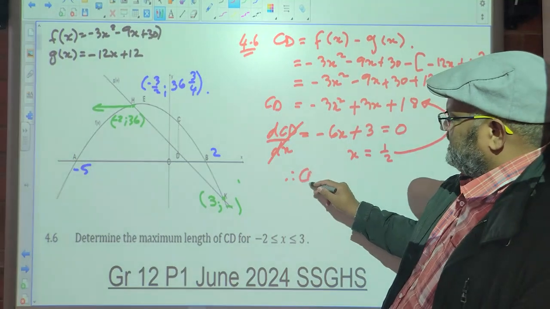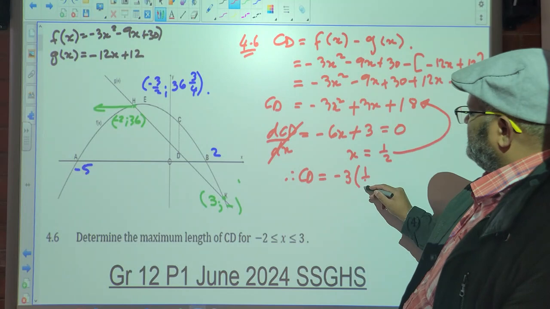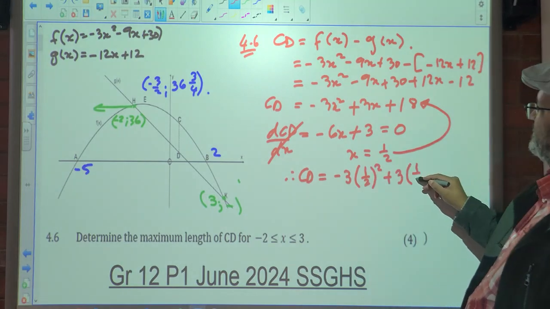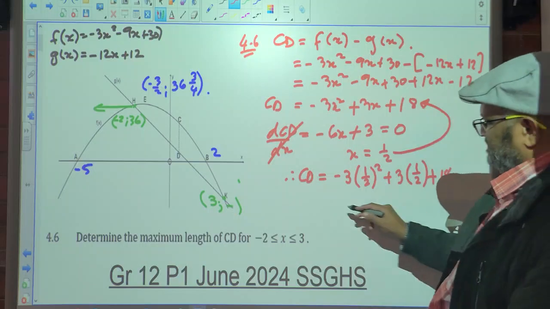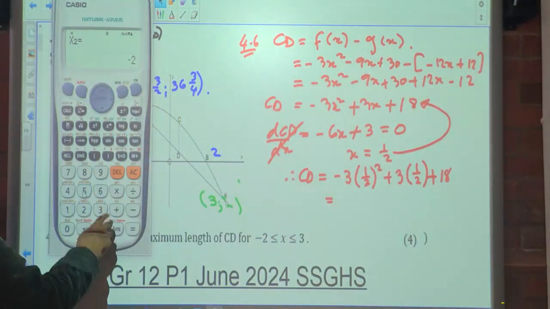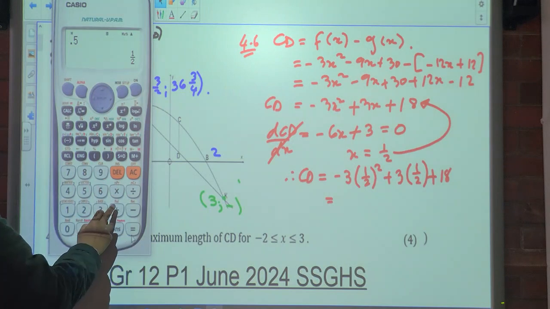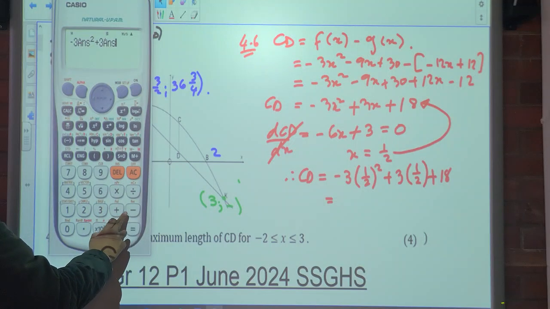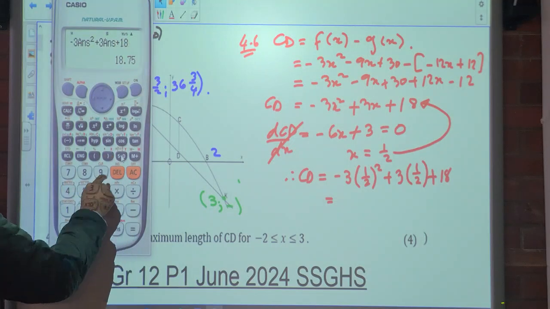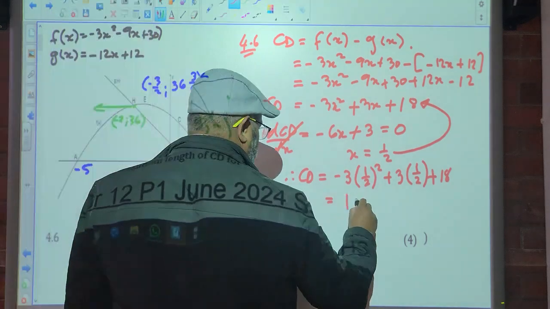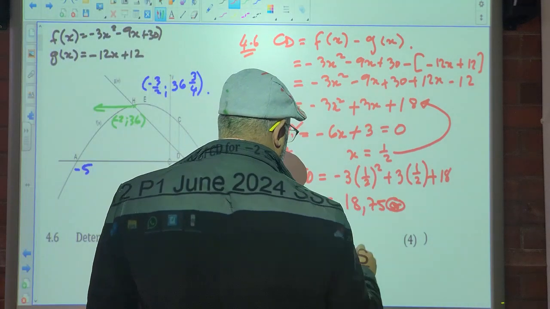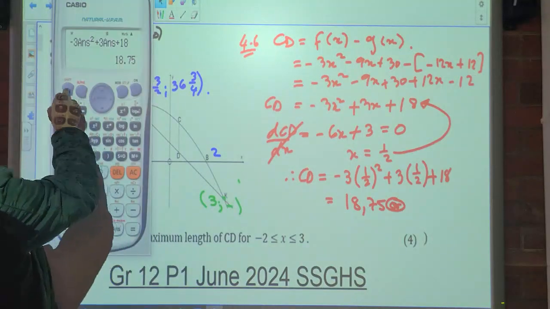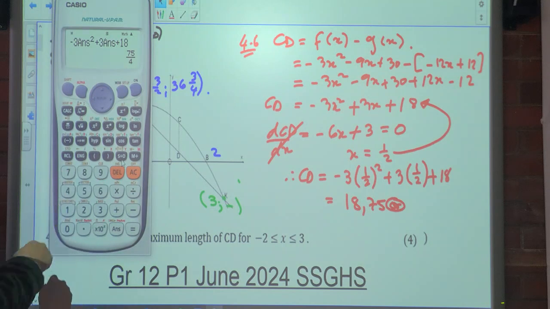So therefore, CD is equal to negative 3 into a half squared plus 3 times a half plus 18. So it's going to be negative 3 times the answer squared plus 3 times the answer plus 18. Gives me 18.75, or 18 and 3 quarters, or 75 over 4. All of that is acceptable. Any confusion?